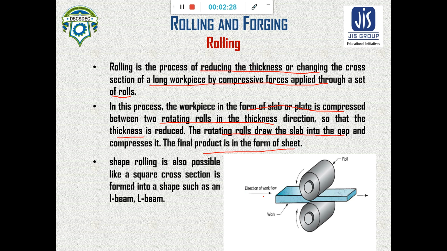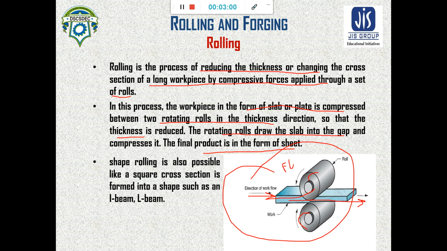See in this figure, this is the direction of the flow, and the rolls are revolving in opposite directions, so that the thickness is reduced and the plate moves through the rolls. This is an example of flat rolling.